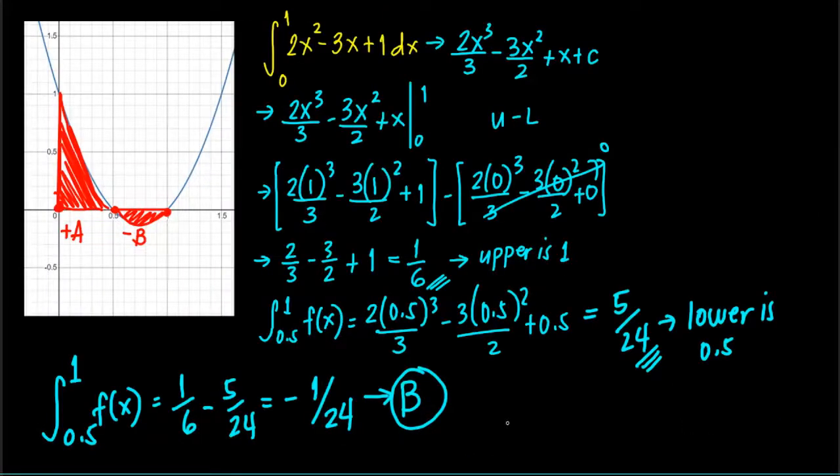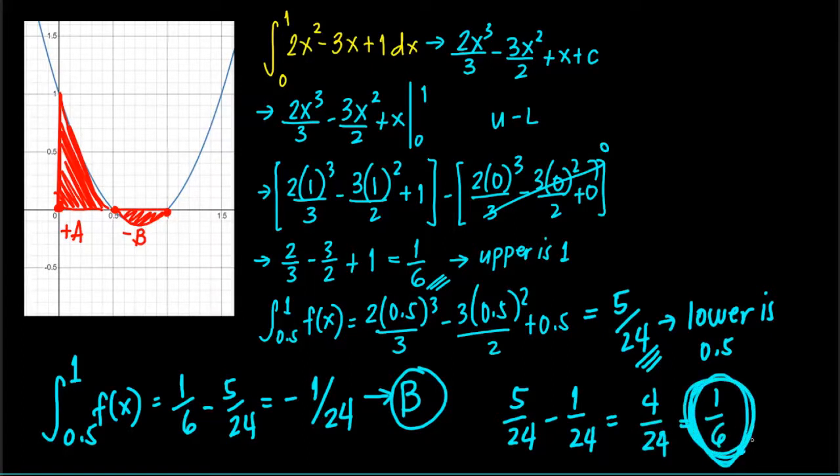So A is 5 over 24 minus 1 over 24, which gives us 4 over 24 or 1/6. So that is our integral: the positive part minus the negative part. Or actually plus the negative, so it still gives you negative. But you know what I mean.